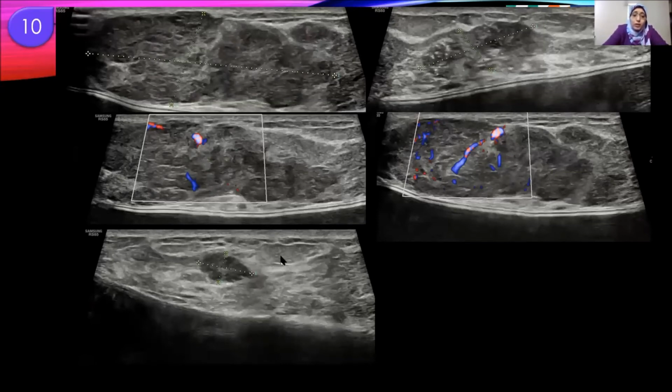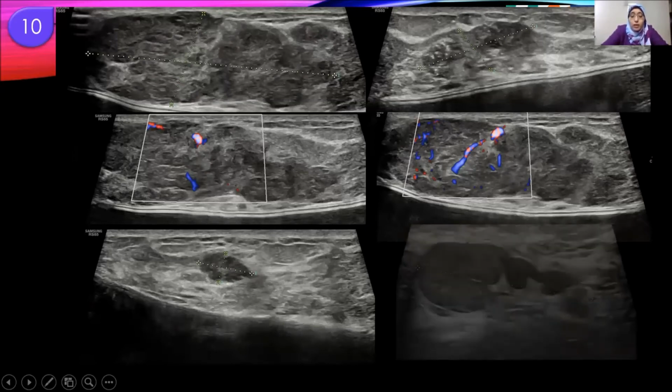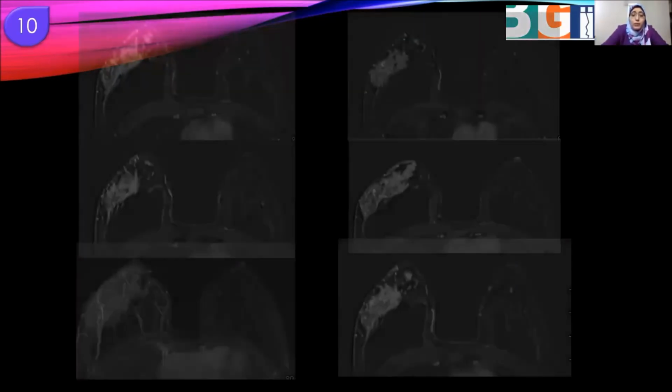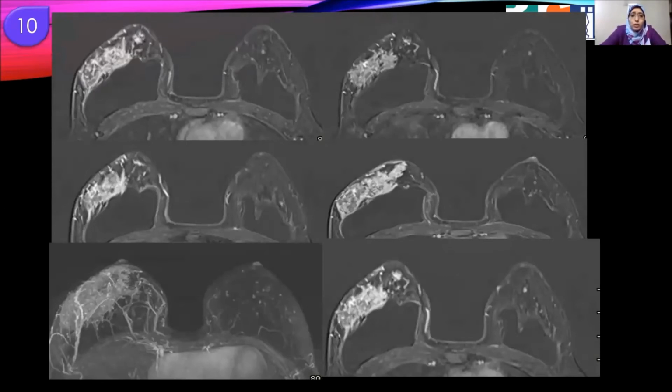Other satellite lesions were seen also in other areas of the breast overlying the implant. The ipsilateral axillary lymph node actually was pathological with eccentric hilum. She had an MRI which confirmed the lesion seen, showed heterogeneous enhancement of such lesion and of the smaller lesions also seen. The map here confirmed also the homogeneous enhancement of the lesion.